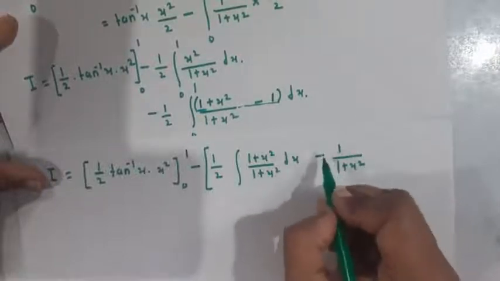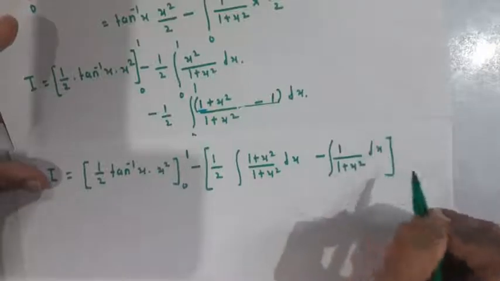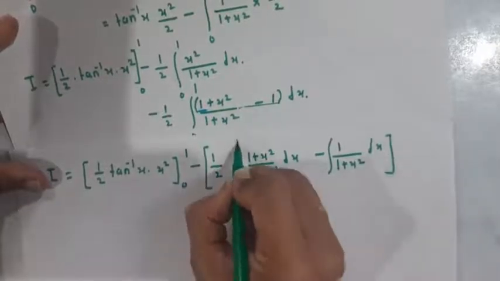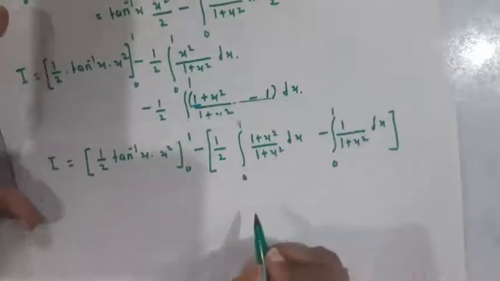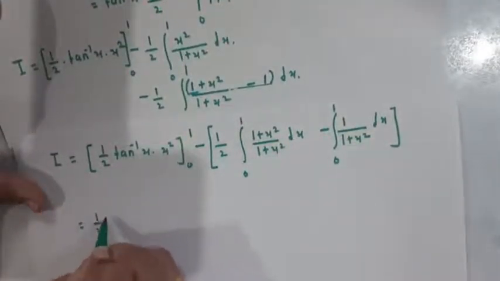We also take its integration separately, whole with respect to x, and limits 0 to 1. Now this is equal to 1 by 2.